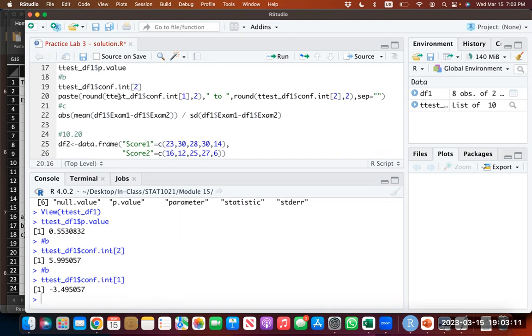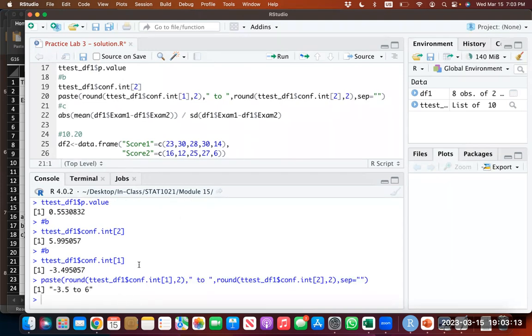If you want to put this together, you can do this too. I did this with the other class before, but it's just to show you how you can automate this. Now it gives you the lower limit to the upper limit. And you can utilize R with various additional tools to create automated reports.